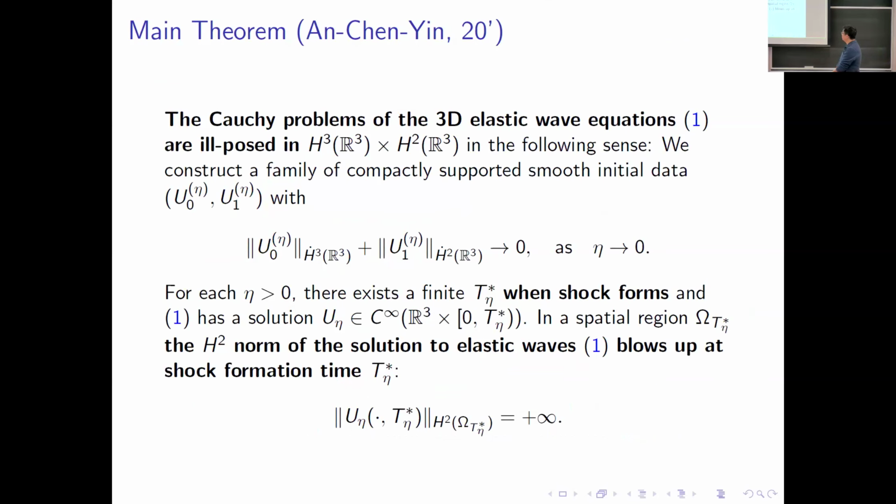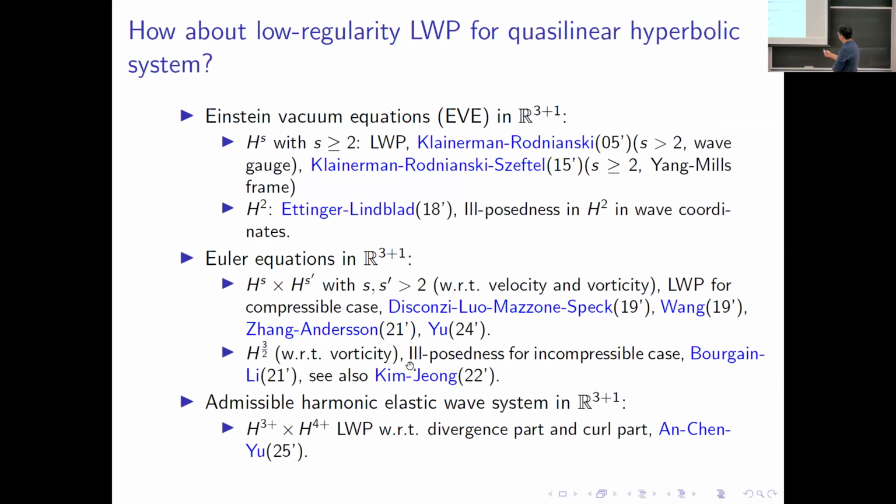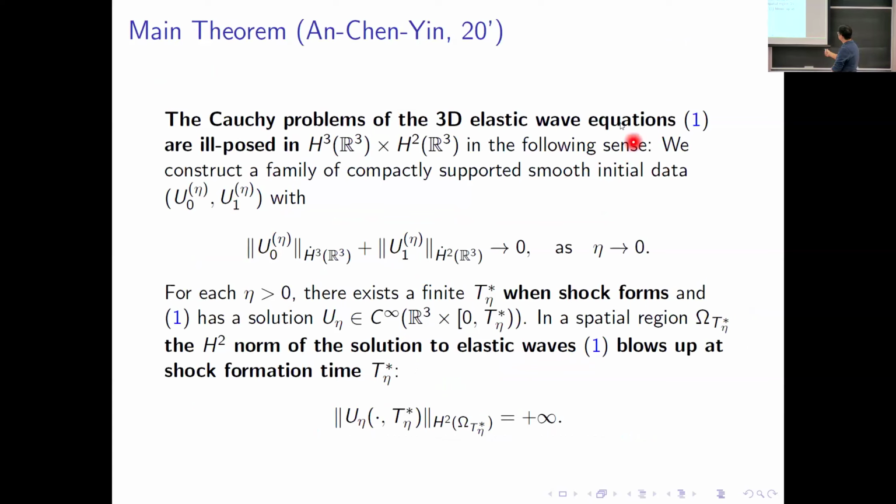The first result about the ill-posedness is that we show that the Cauchy problem for the 3D elastic wave system is ill-posed in H3 cross H2 in the following sense. We construct a family of compactly supported initial data with a parameter eta. As eta goes to 0, the size of the initial data in the H3 norm goes to 0.